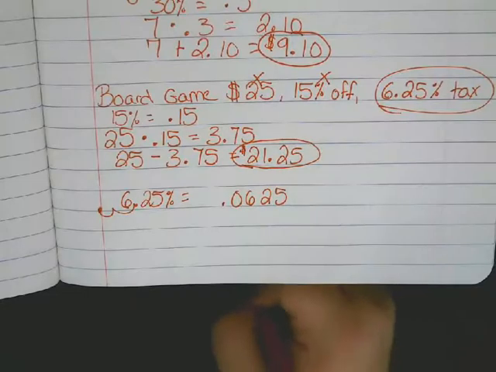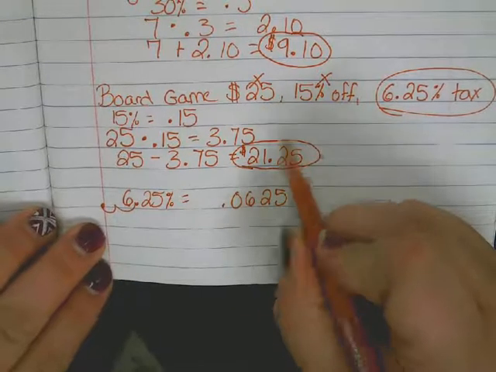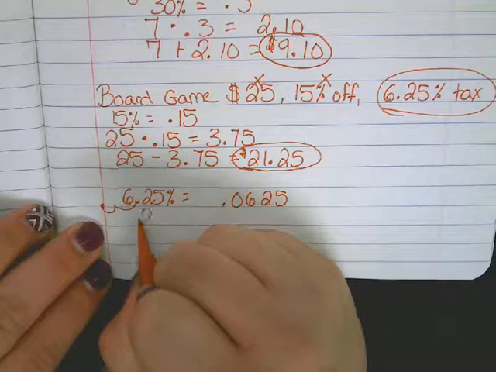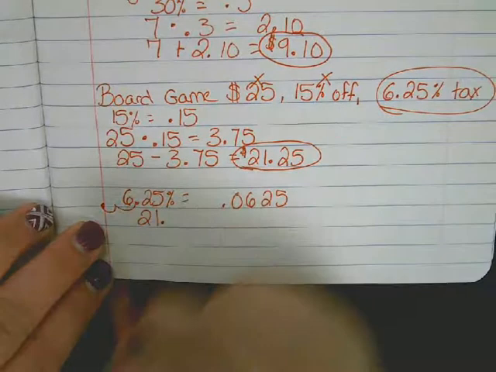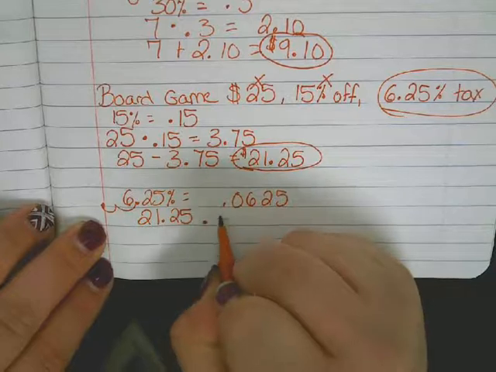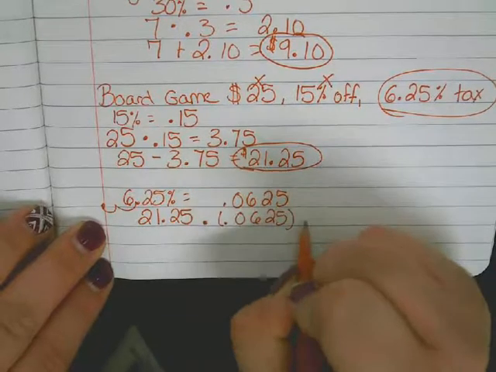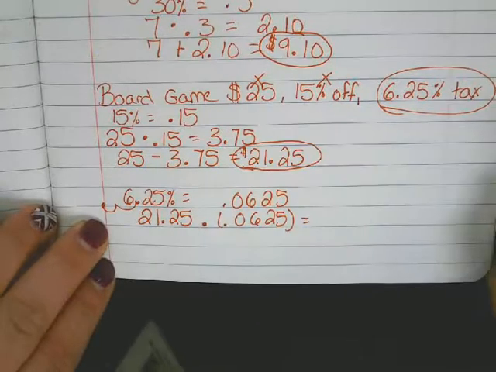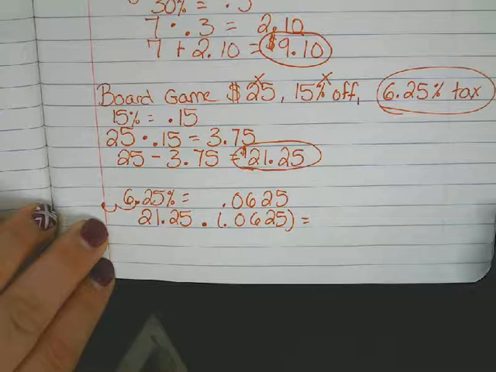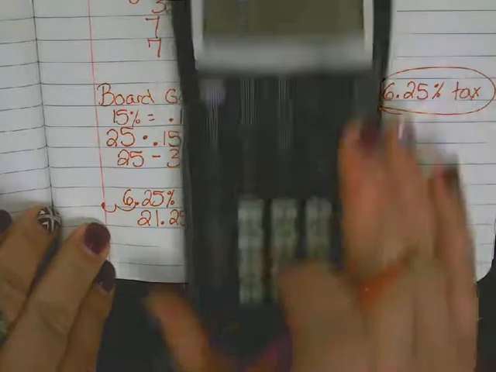Now when I times, I'm using that new price. So I'm using $21.25 times my 0.0625, rounding it to the nearest cent. So I've got 1.328. So the 8 tells me to do what?